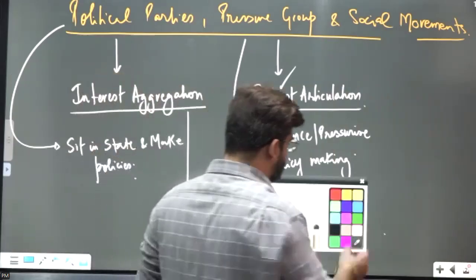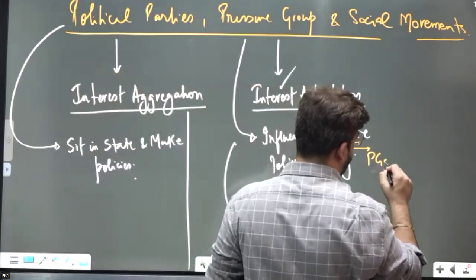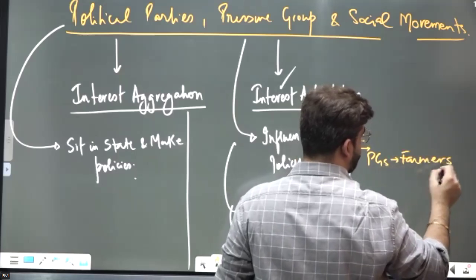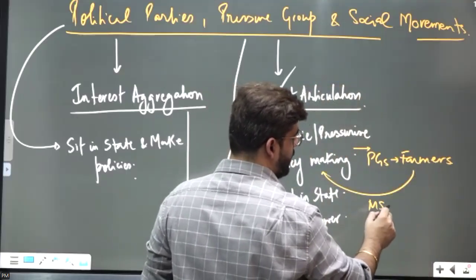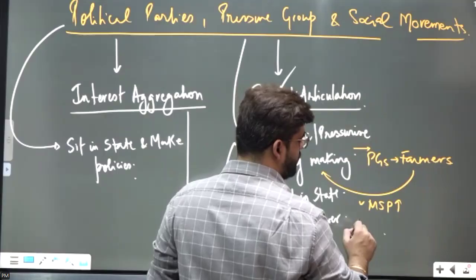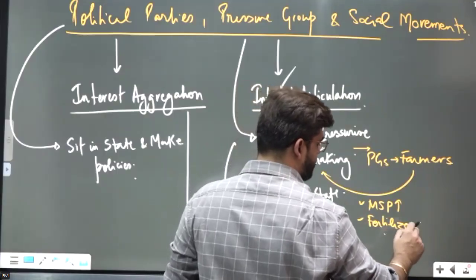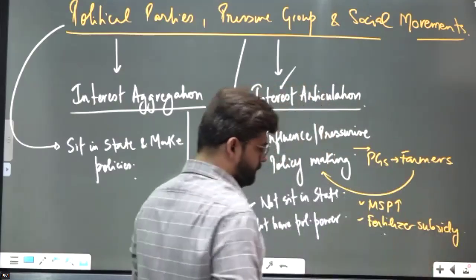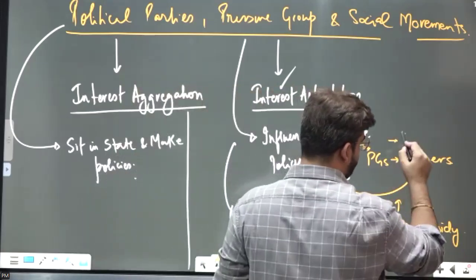I have pressure groups in India, pressure groups of farmers. Their main task is to influence the policy making so that they get higher MSP, so that they get fertilizer subsidy. We have pressure groups of corporates.